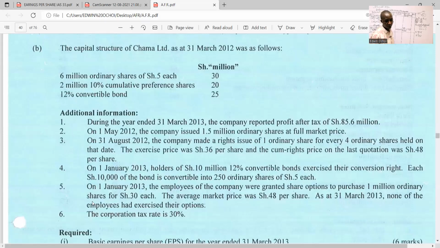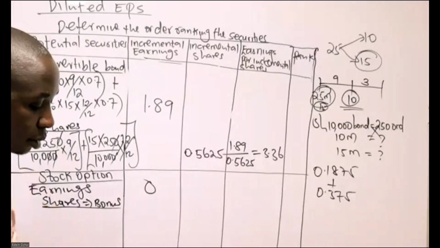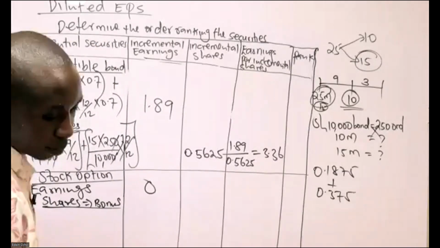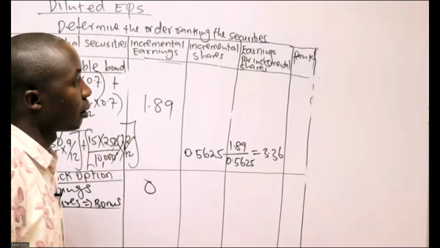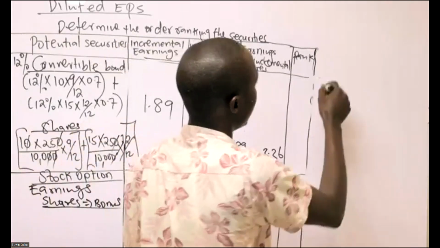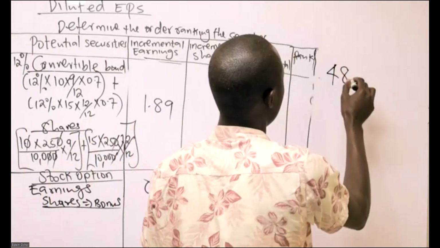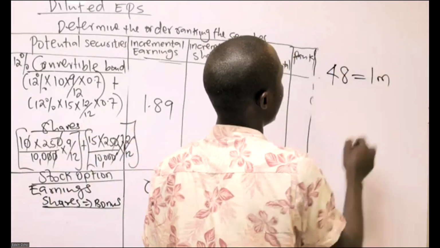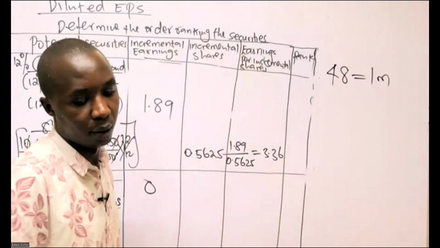on 1st January 2013, employees of the company were granted share options to purchase 1 million ordinary shares for 30 shillings. The average market price was 48, and that is what we state our 1 million shares at.